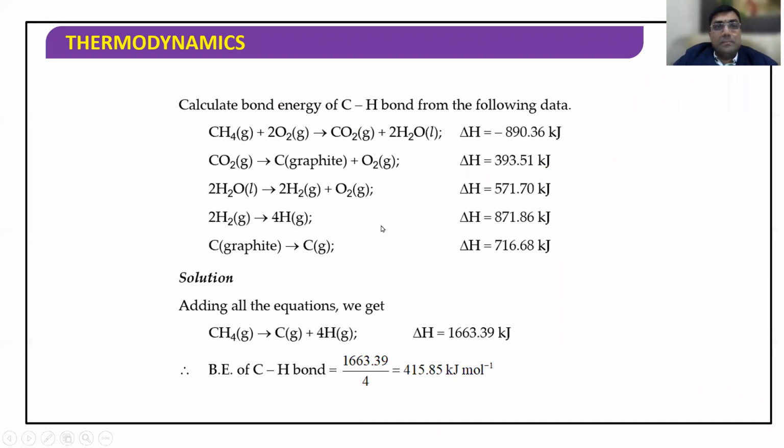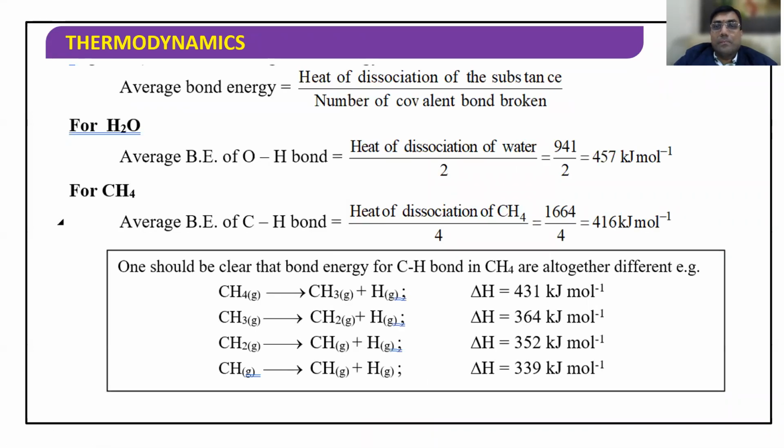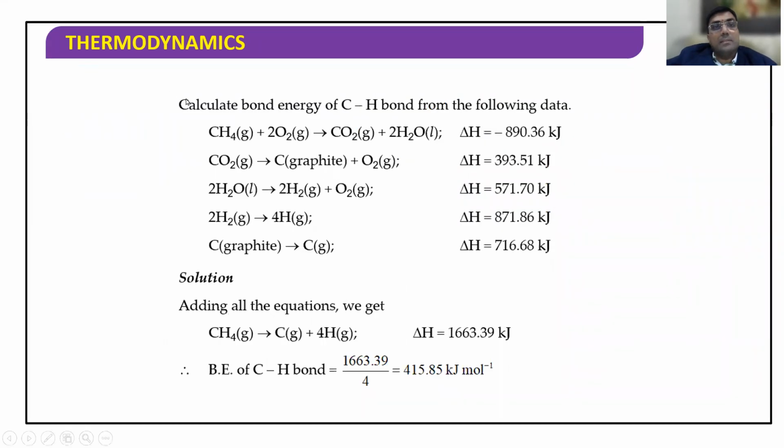Could you go back to the previous slides if you don't mind? Now let us see this reaction. Calculate the bond energy of CH from the following data. So how do you get this?